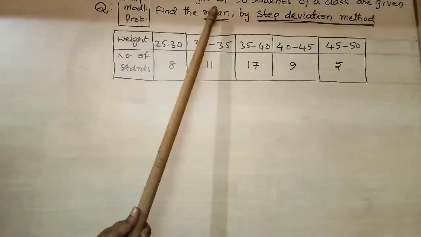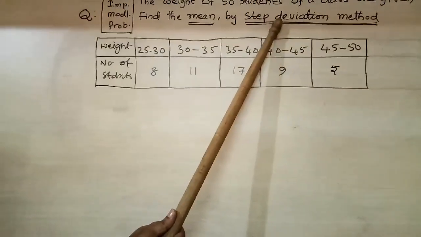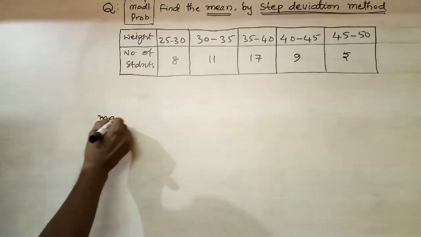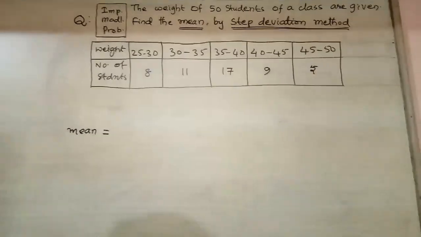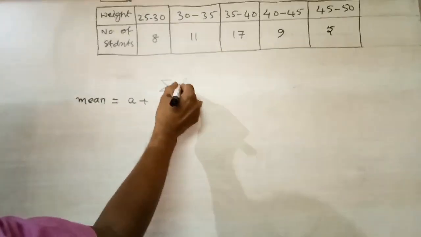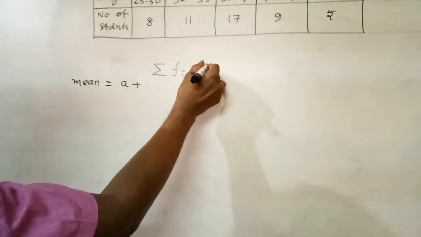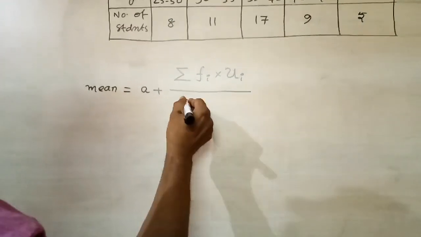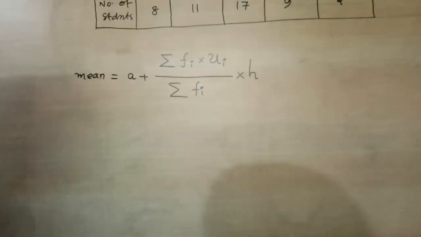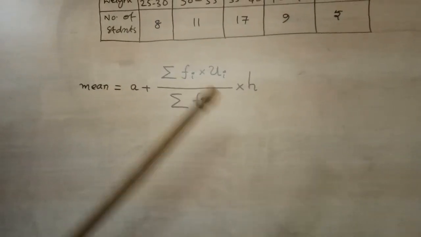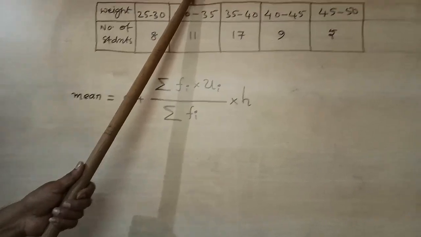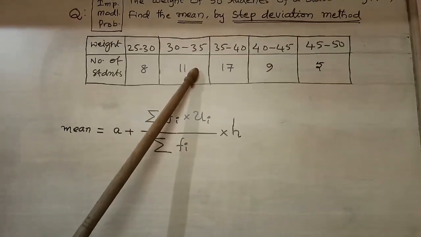To find the mean by using the step deviation method, we have a formula: mean is A plus sigma Fi Ui by sigma Fi into H. We will use this formula to find the mean for a grouped distribution table.